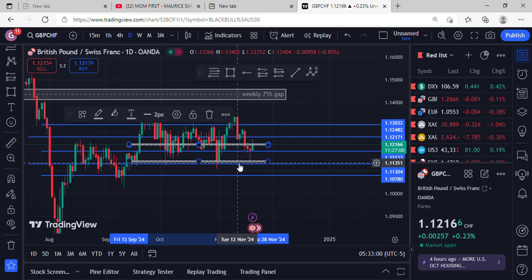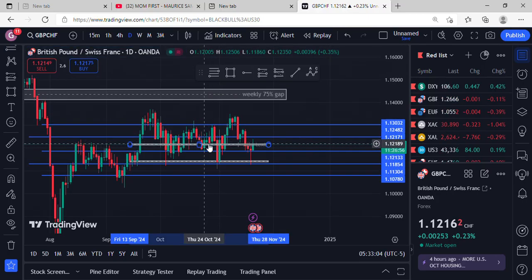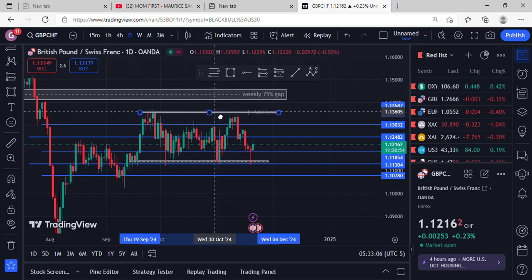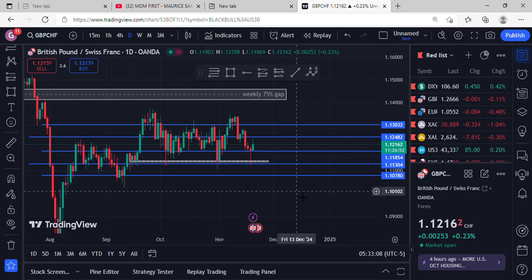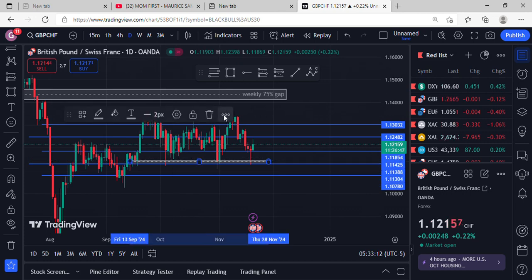Then I'll copy that and then drag it to the top right here. So we see that price is basically inside of a range. I think I lost that, so let me do that properly.